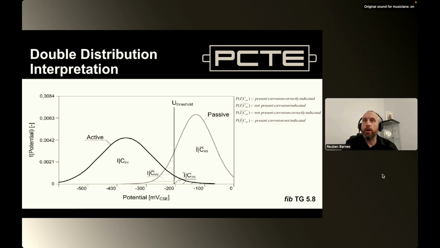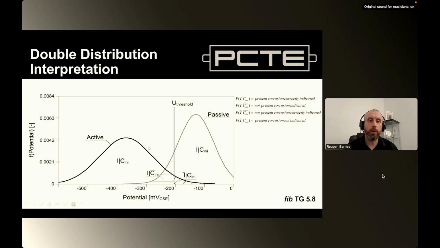When we have corrosion, obviously we've highlighted that we have those anodic and cathodic regions. We could consider those as two separate data sets or two separate populations. Now, if we graphed those and we had enough of them, a normal population, we would tend to find that we would have two bell distributions.